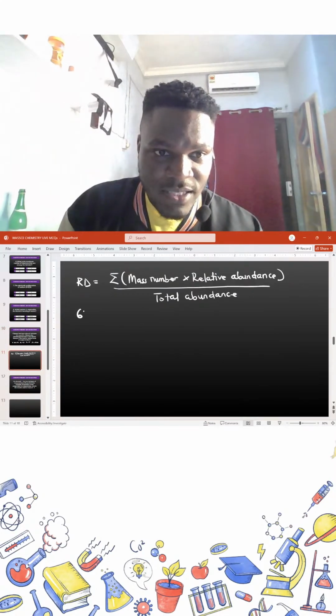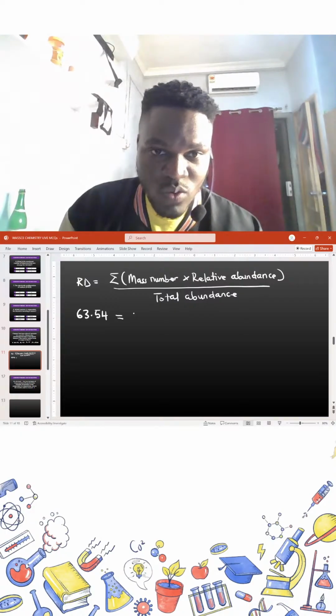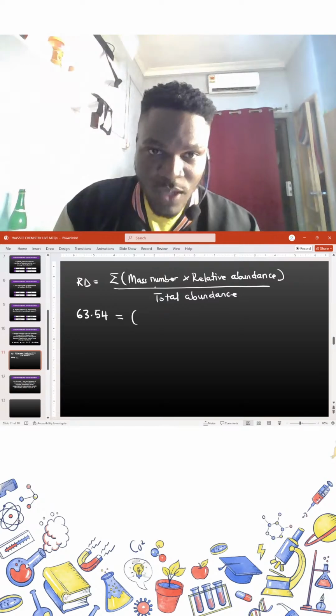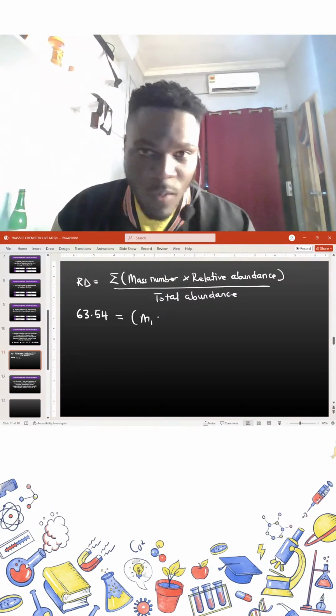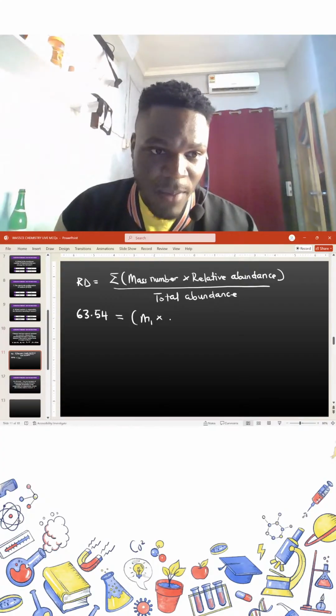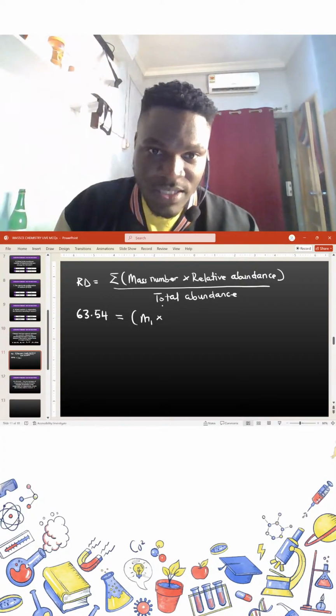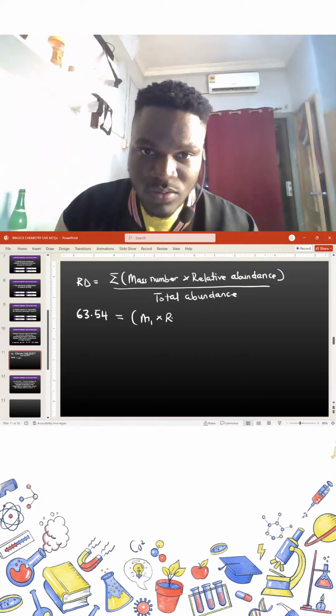So I have 63.54, and this will be equal to, into bracket, the mass number. Remember, the mass number will be M1 over here, for the lighter copper, multiplied by the relative abundance, which I'll use R1 over here.